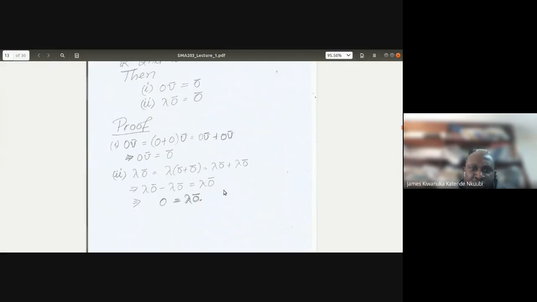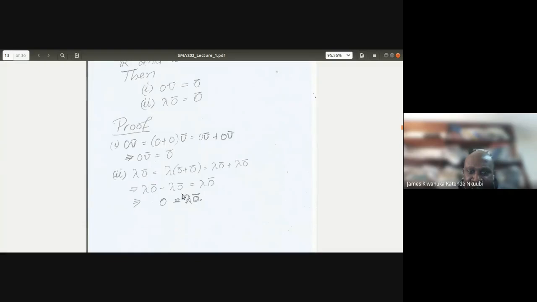The second one follows similar lines. We have lambda multiplied by bar 0, where bar 0 is a 0 vector. Lambda multiplied by the sum of two 0 vectors. And we can see that this leaves us with no other choice than the fact that if you multiply the 0 vector by any scalar, it doesn't matter what the scalar is.